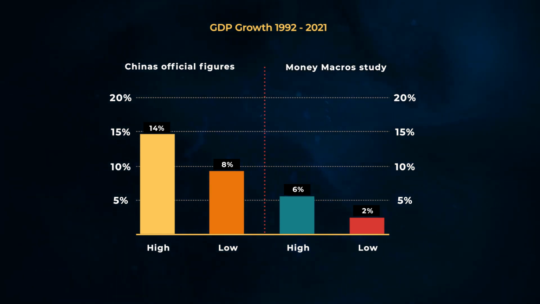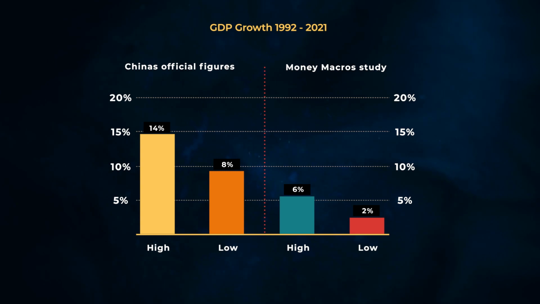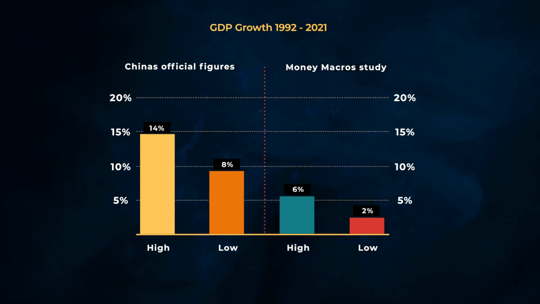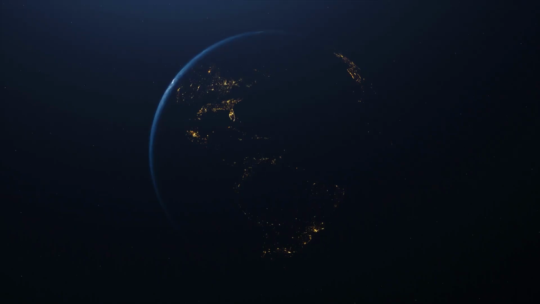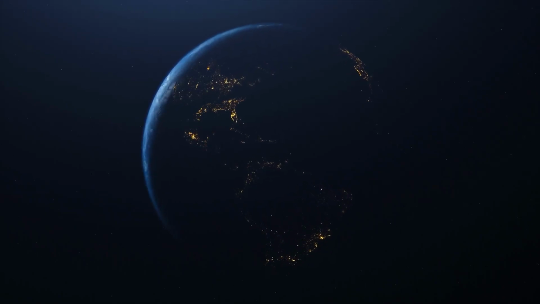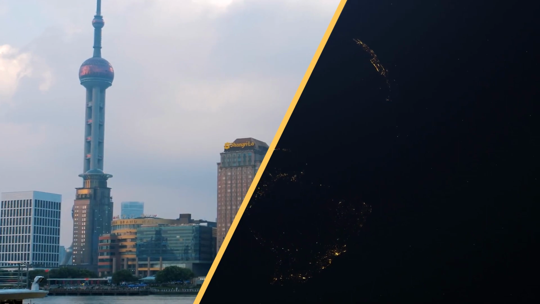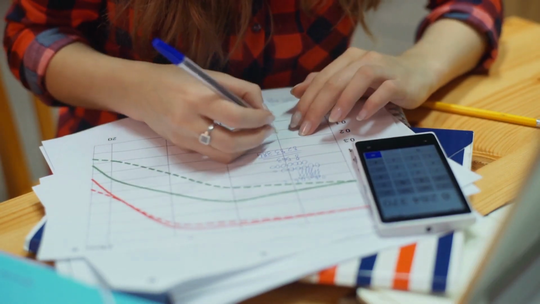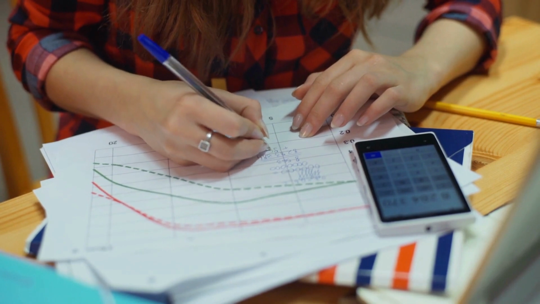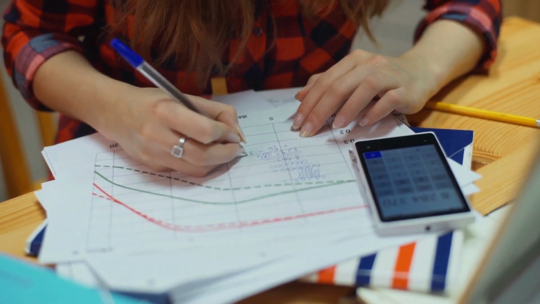However, the Money Macros study indicates a more modest growth range between 6 and 2%. These are still some impressive growth figures. At this point, you might ask yourself if lights really is a better GDP indicator than China's official GDP numbers. It's a valid question. Yes, these are rough calculations, acknowledged by Martinez himself as being quite simple.